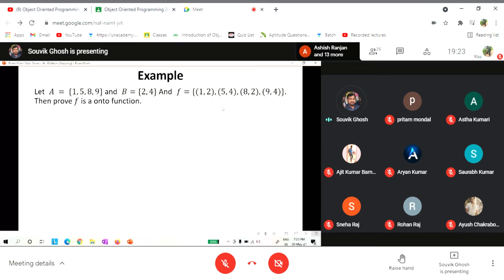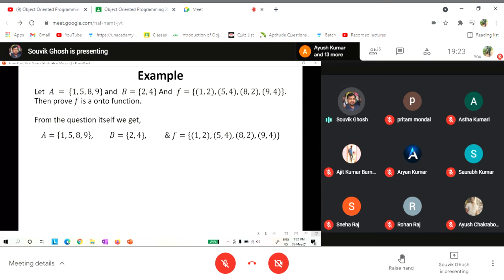So this is an onto function. From the question itself, A is a set which contains 1, 5, 8, 9, and B is a set which contains elements 2 and 4, and F is a relation which contains the ordered pairs (1, 2), (5, 4), (8, 2), and (9, 4).